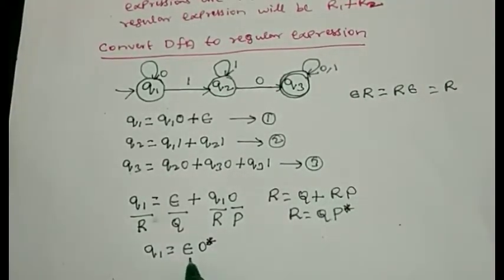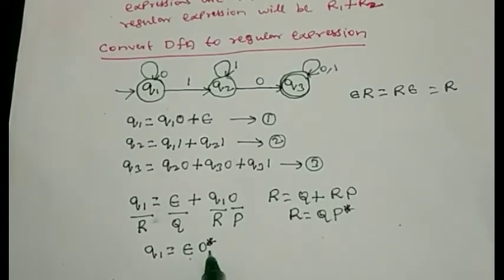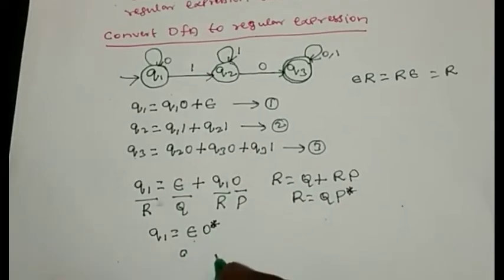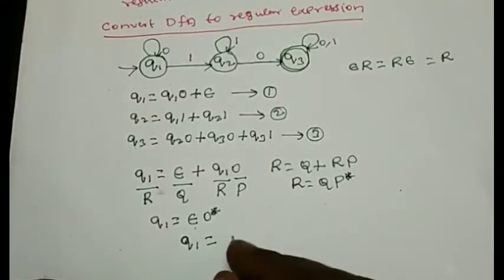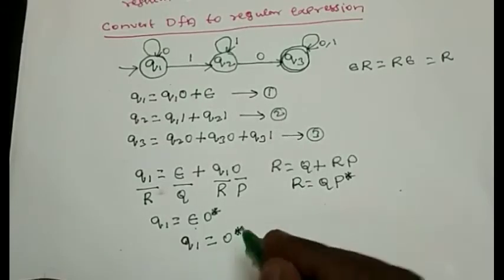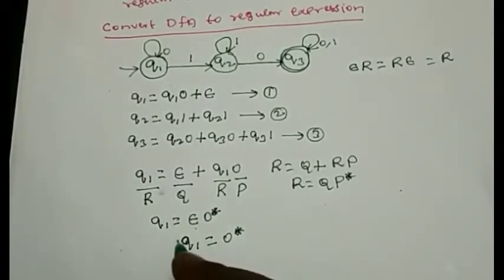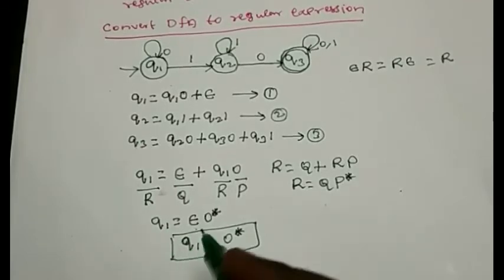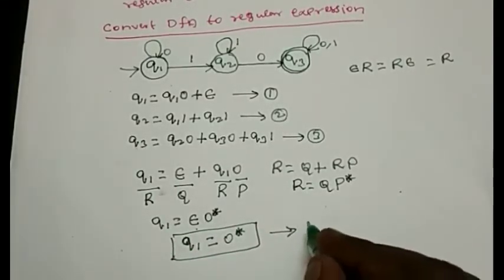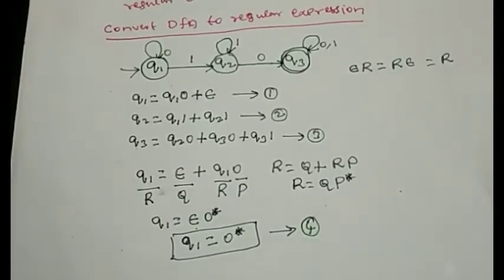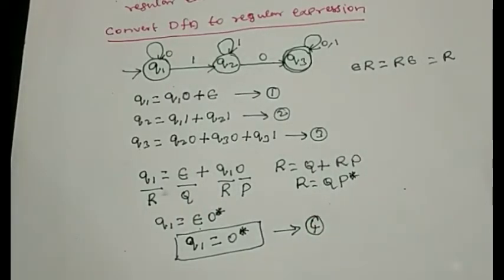So here epsilon is multiplied with 0 star, so you will get Q1 is equal to 0 star. So now I got this answer, Q1 equal to 0 star. Name this equation number 4.